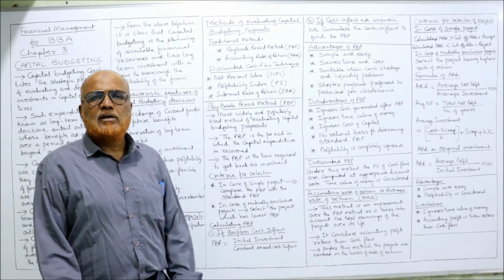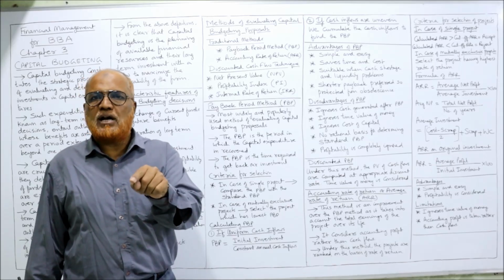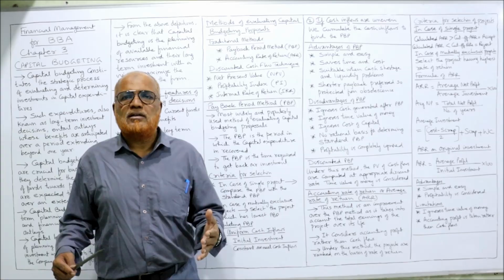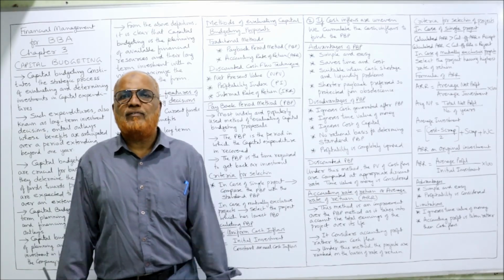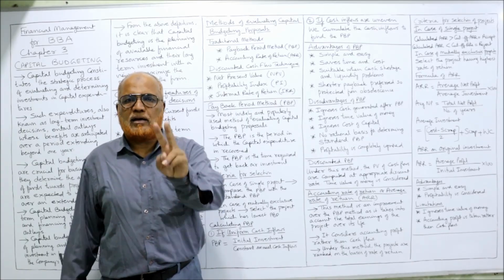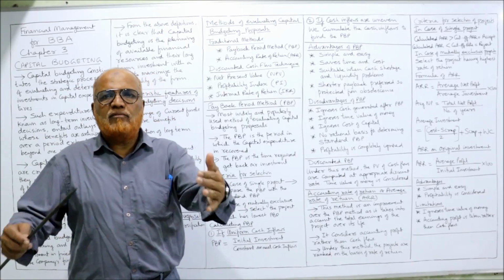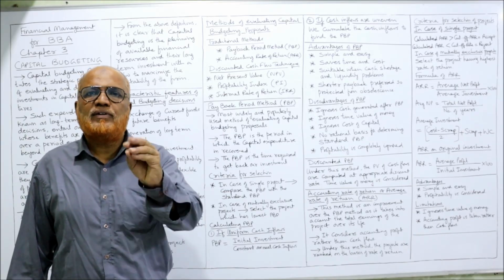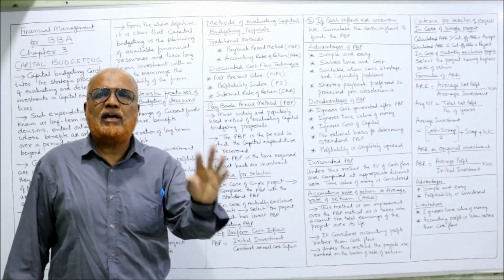Simple example. Suppose if you want to purchase a car for your business purpose and you think that the car will give you a benefit of 50,000 per year. The cost of the car is 2 lakh. If you make investment of 2 lakh rupees, then you are going to get 50,000 rupees return every year.